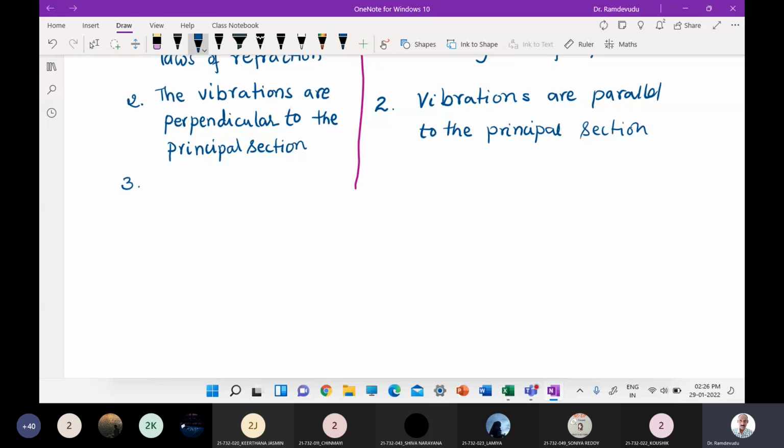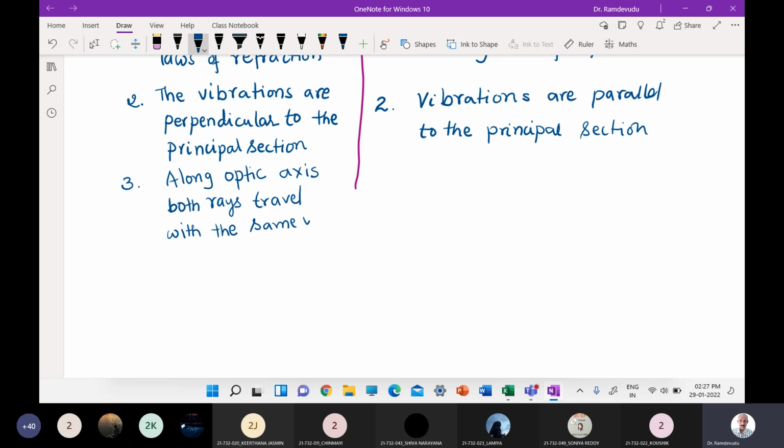Another important point is along the optic axis. We drew the optic axis while discussing polarizer and analyzer, but still we define again what actually the optic axis is in a given crystal. Along the optic axis, both the rays travel with the same velocity.